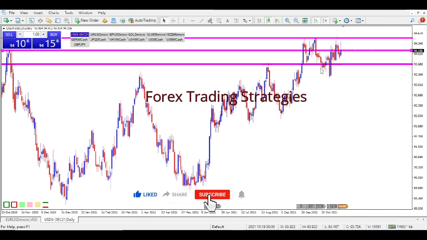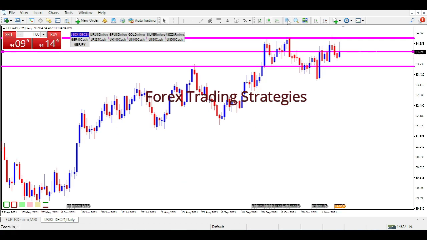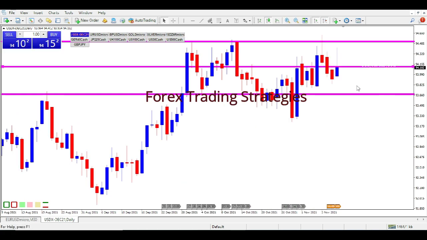Okay, let's start with our current candle here. It's on the daily. We see that we have got a huge wick at the top, and we actually have the body of the candle at the bottom, as if it wants to go down. But look at this candle on the dollar index.